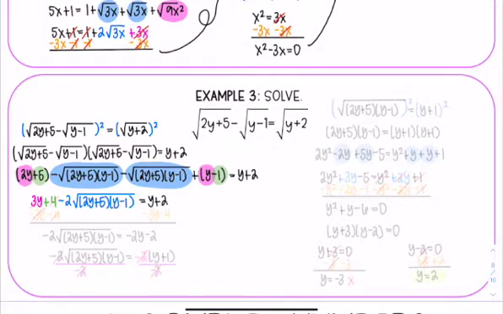Now again, the problem comes up because I still have a radical involved. So we want to isolate the radical as much as possible. So I'm going to subtract 3y, and I'm going to subtract 4 from both sides.